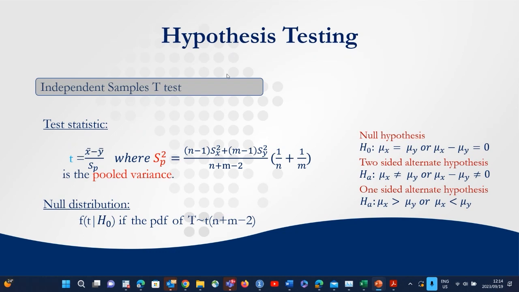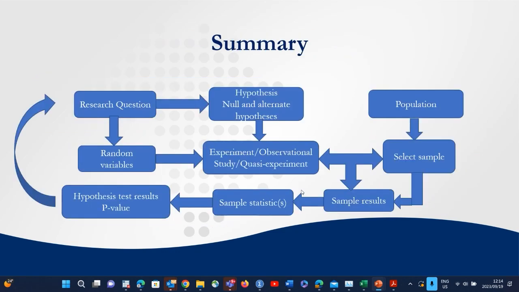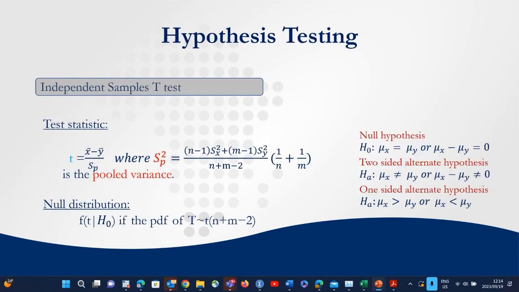And then using this information, you can go to a table for a T distribution, get the p-value and make a decision whether you reject the null hypothesis or you don't. If the p-value is small, then you will reject the null hypothesis. If it's not small, you don't reject the null hypothesis. That's the decision criteria we've put.